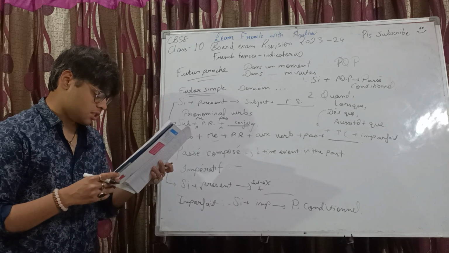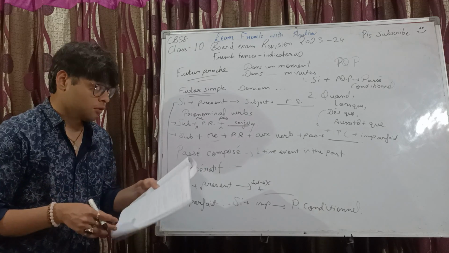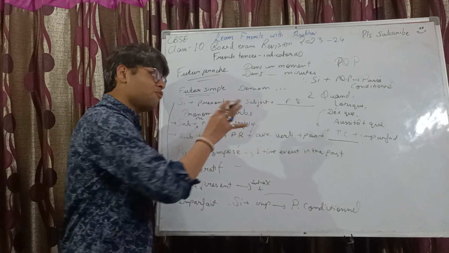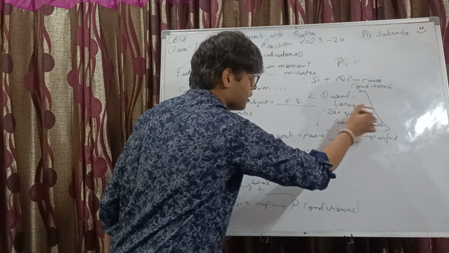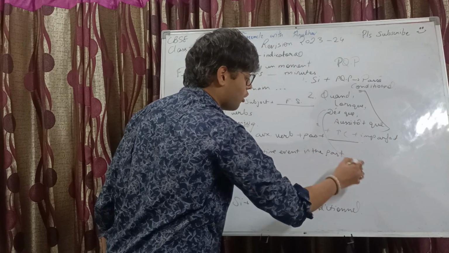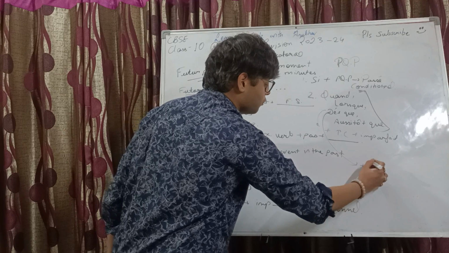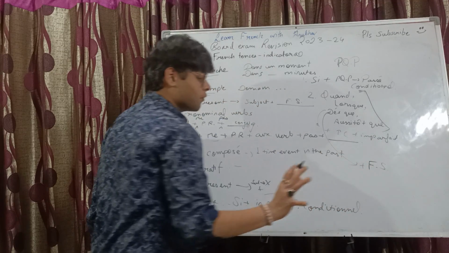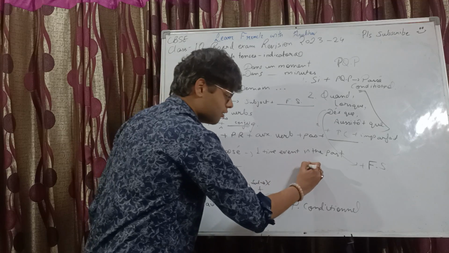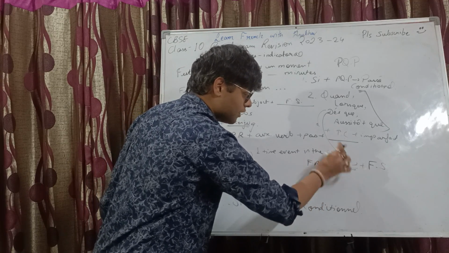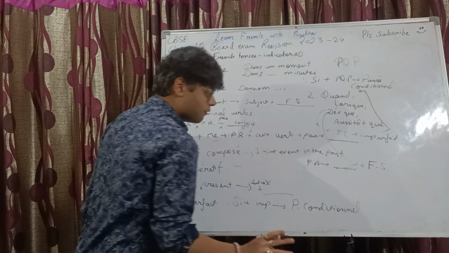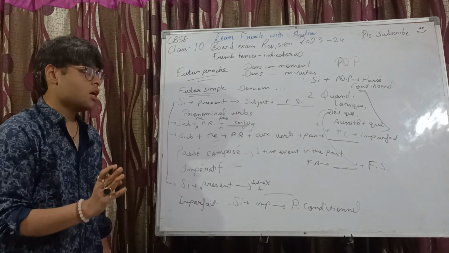Okay, we have discussed futur antérieur. Now that's the future counterpart of plus que parfait. These four expressions along with futur simple: presence of any of these four expressions plus futur simple is resulting in futur antérieur.